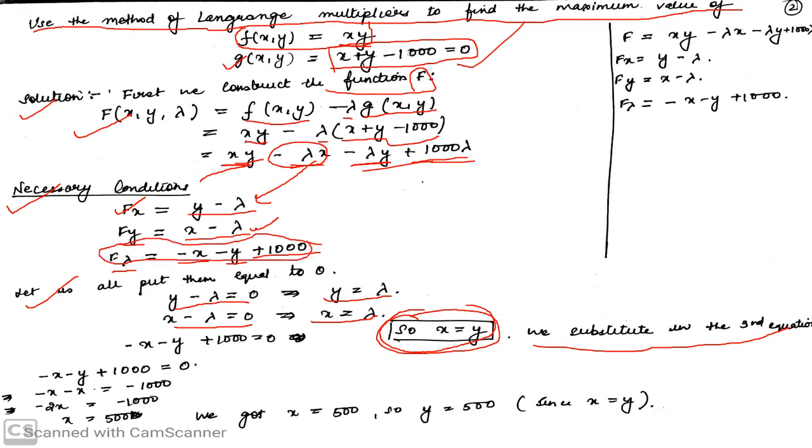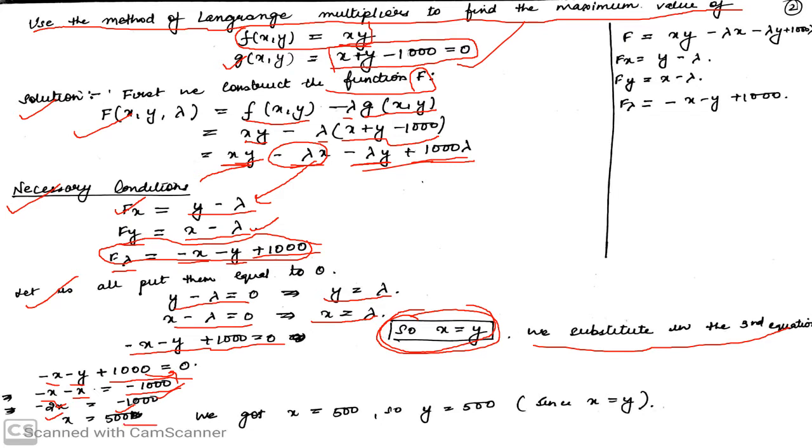Now we have the equation minus x minus y plus 1000 is equal to 0, and we know that x is equal to y. So minus x minus x, taking 1000 to the other side, becomes minus 1000. This gives minus 2x is equal to minus 1000, so x is equal to 500.